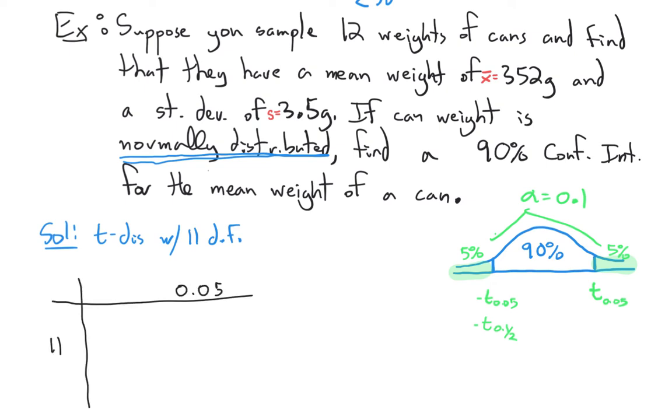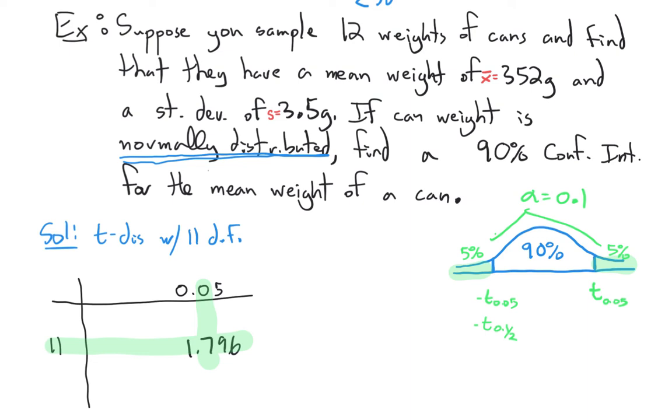Okay, so if you go to the row that has 11 degrees of freedom and the column that's looking at 0.05 of your data to the right of that, you'll see the value 1.796. So we know we want to be within 1.796 standard errors of the mean. So that's great.